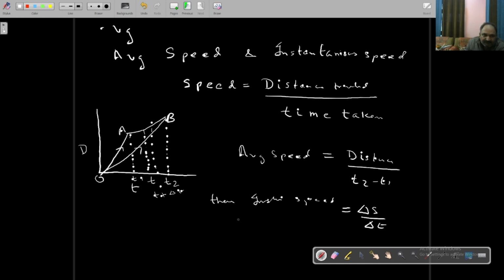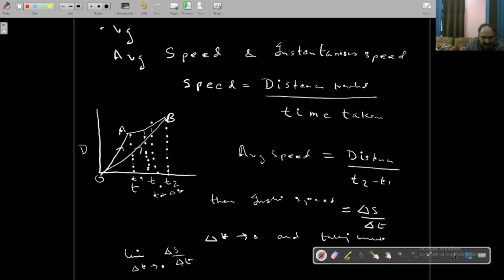If we make delta t tend to 0 and take the limit, we get limit delta t tending to 0 of delta s by delta t.